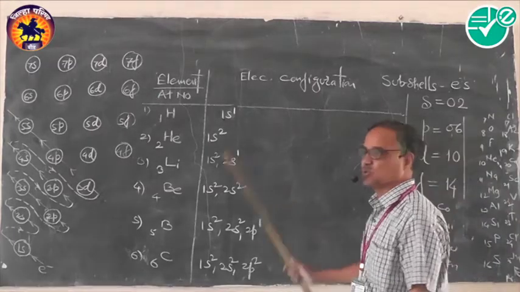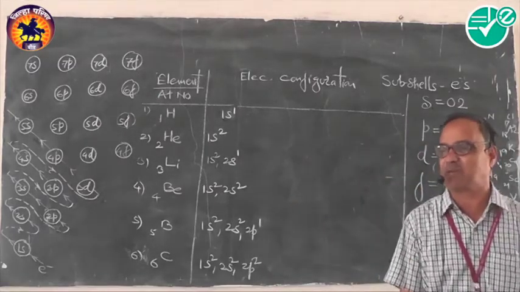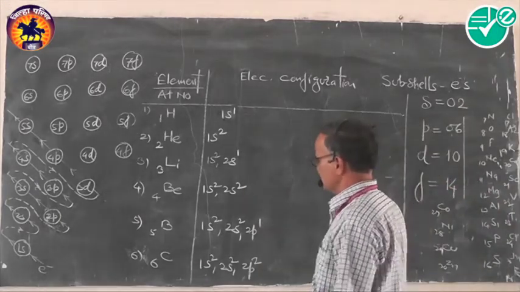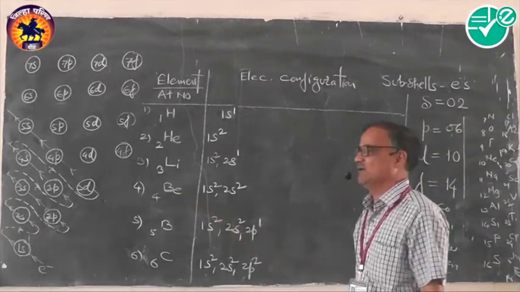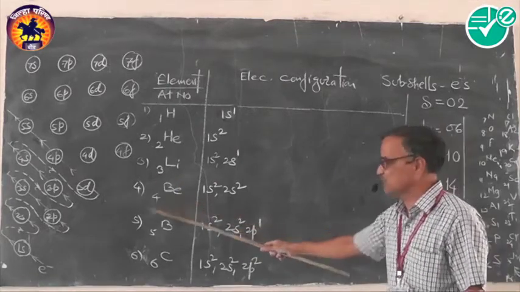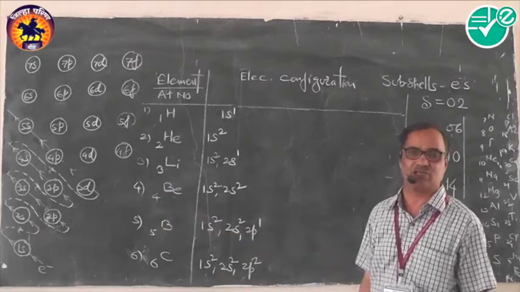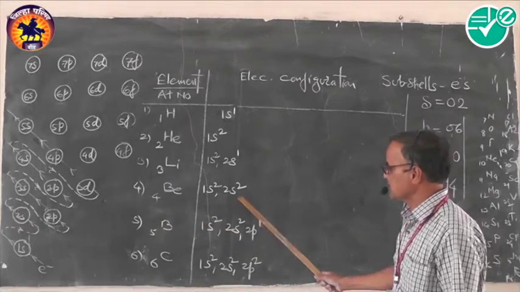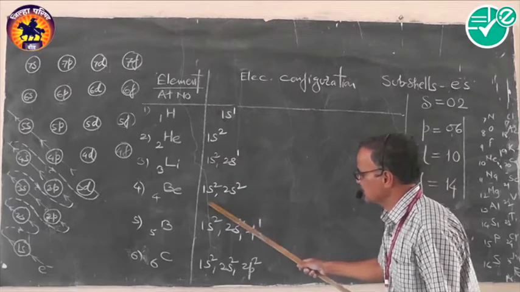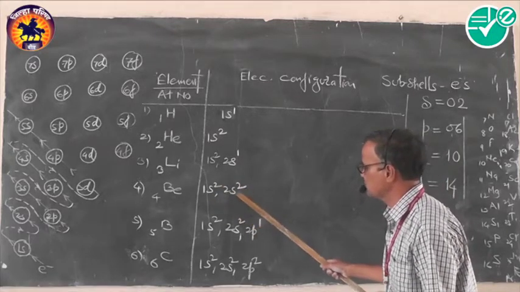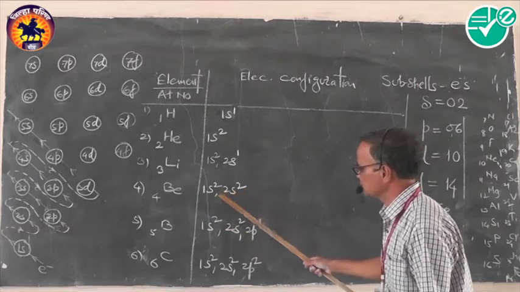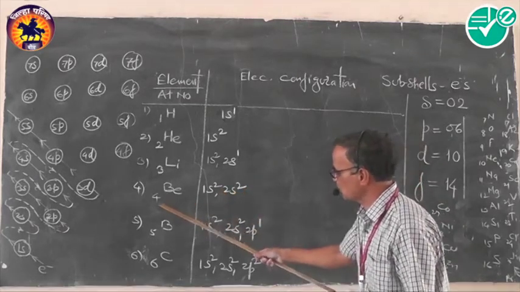Again, this 2s subshell has a capacity to accommodate 2 electrons. So the fourth element is beryllium, having atomic number 4 and 4 electrons. Therefore 1s2 2s2 will be the electronic configuration of beryllium, that is 2 plus 2 is equal to 4.